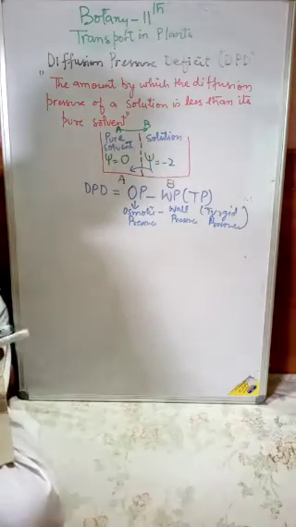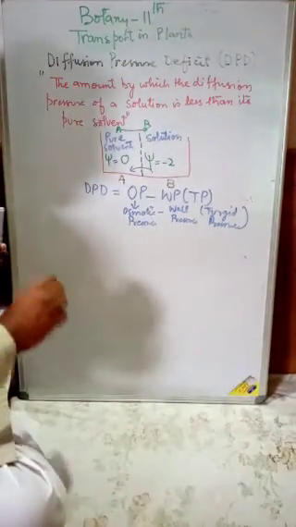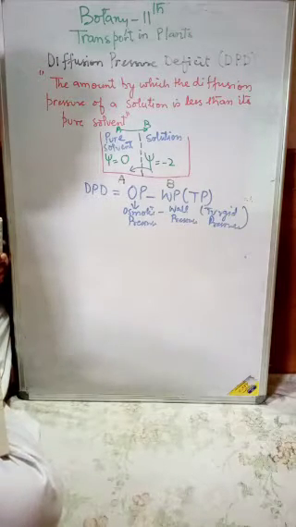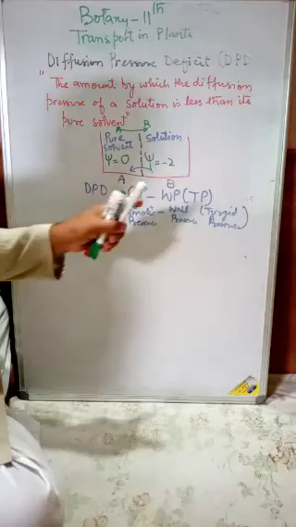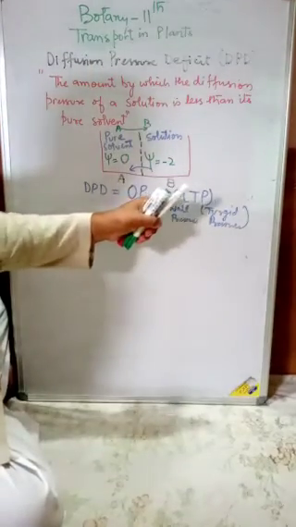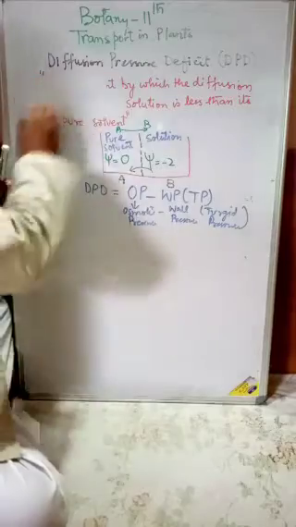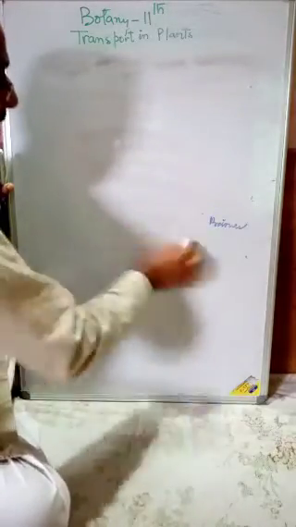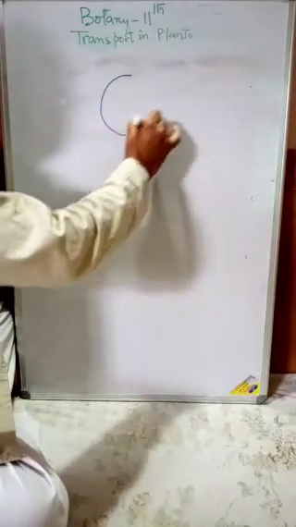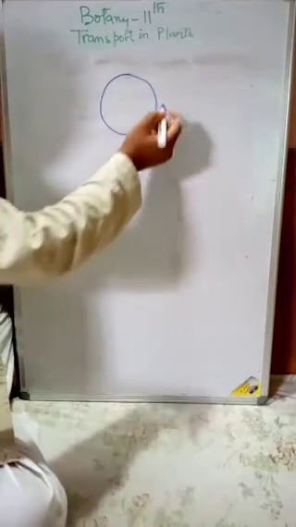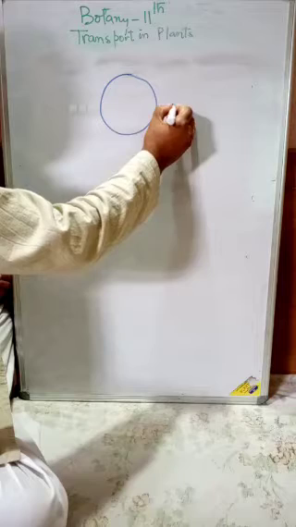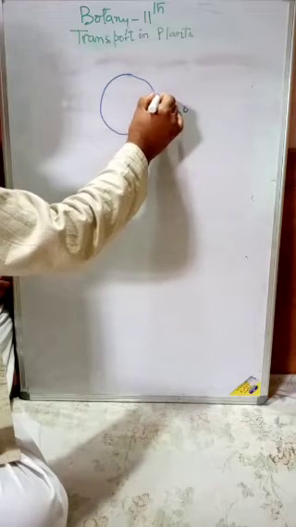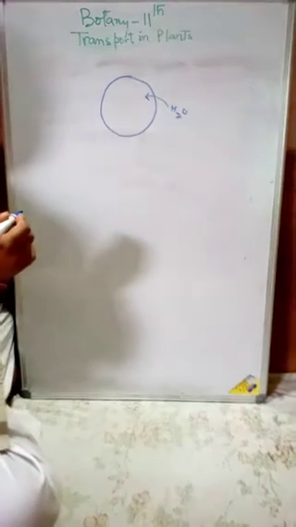Now I will proceed further. I will also show you what we mean by water potential and what we mean by turgor pressure. Suppose this is the cell. Now the water molecules start to move from outward towards the inner side.